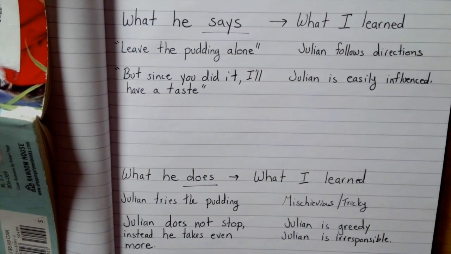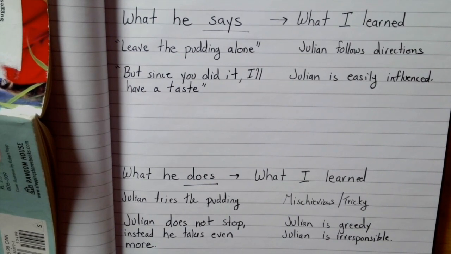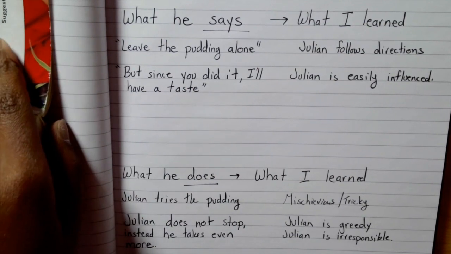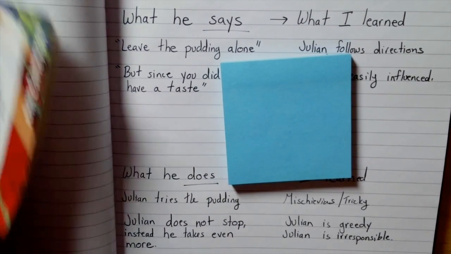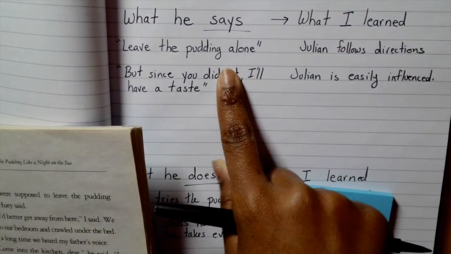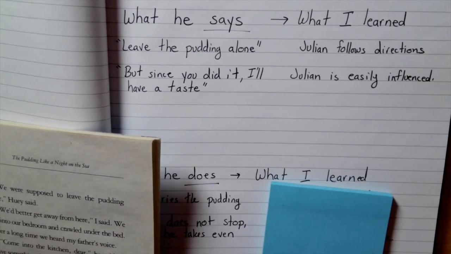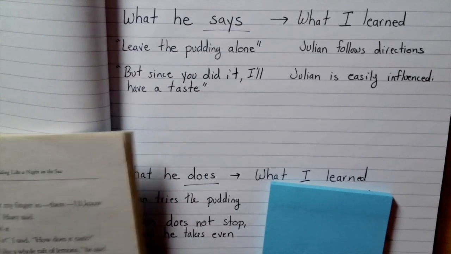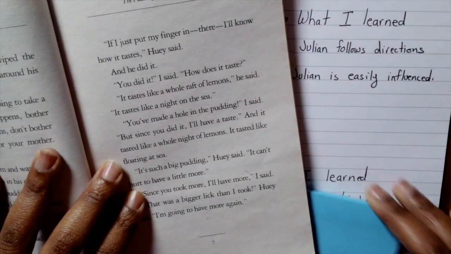If you don't want to collect it in a notebook, another way that you can collect information as you're reading is to use a post-it note. What that might look like is, instead of writing it in the notebook, you would write it here.